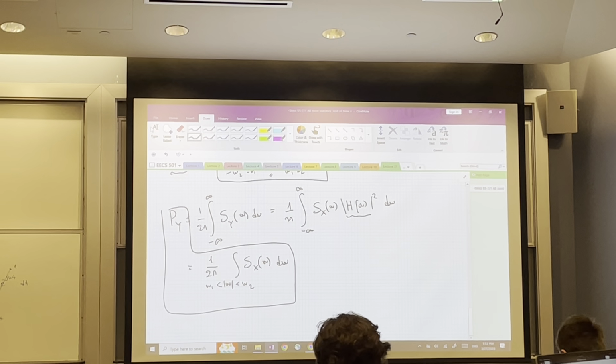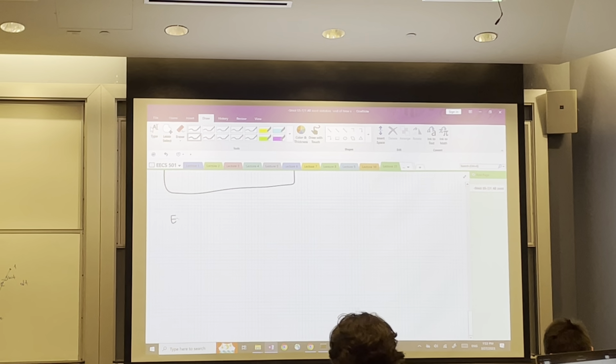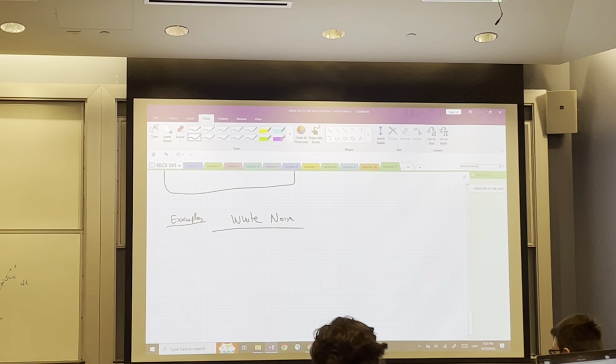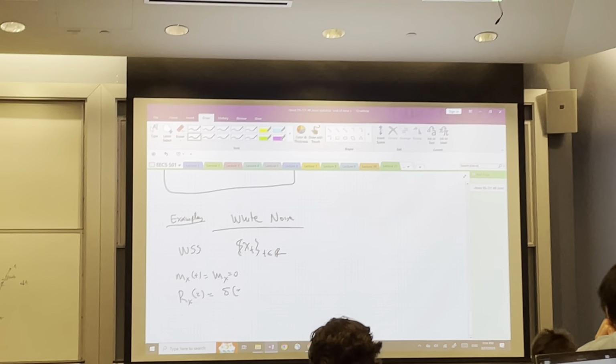I want to show you a demo. Okay, so let's see some examples. Have you heard the term white noise? So white noise is a wide sense stationary process, x of t, where mx of t, of course, is mx, is 0, zero mean, and Rx of tau is delta of tau with some constant.